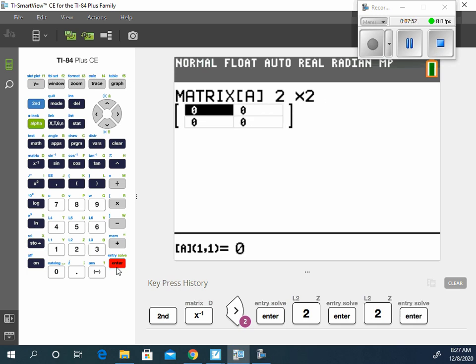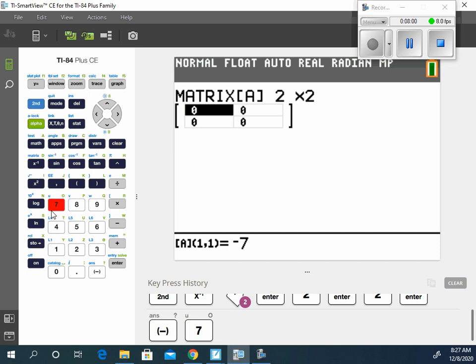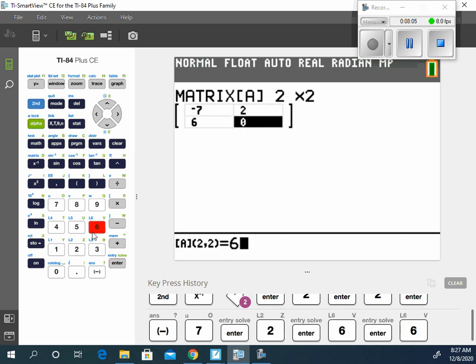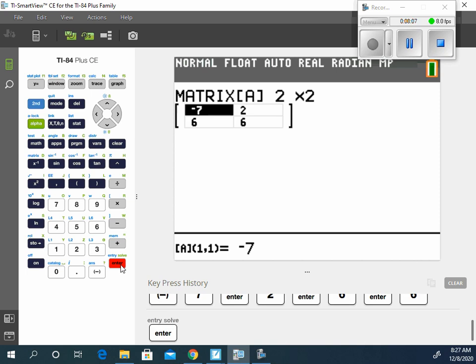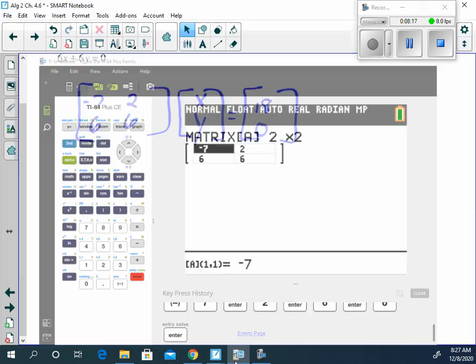So our matrix A that I'm looking at is -7, 2, 6, and 6, because that's what I want to take the inverse of. So I'd have our -7, 2, 6, and 6. And this is what we're going to take the inverse of.